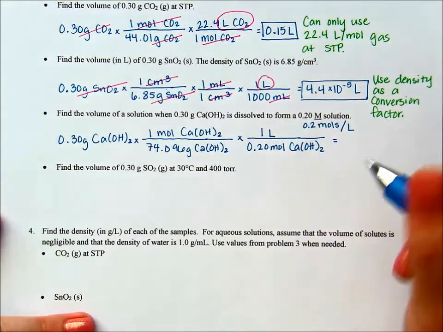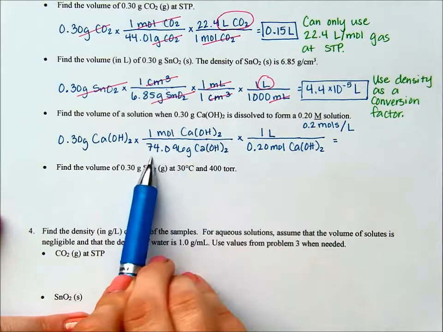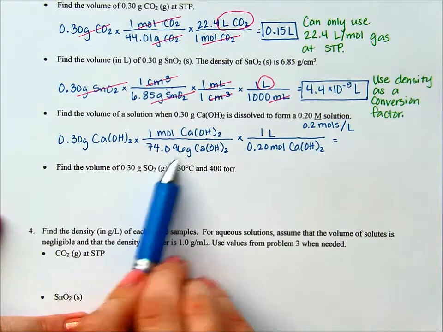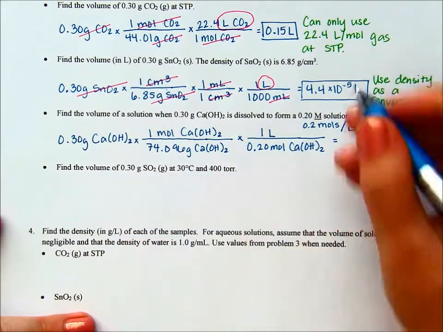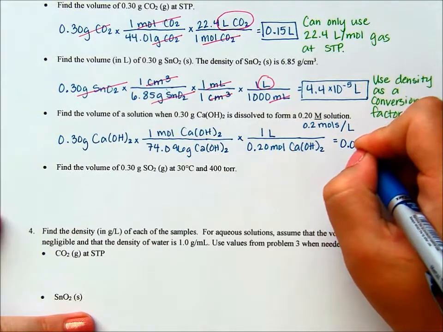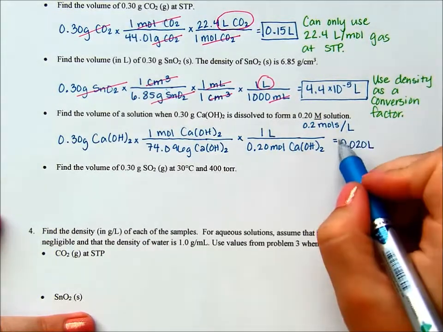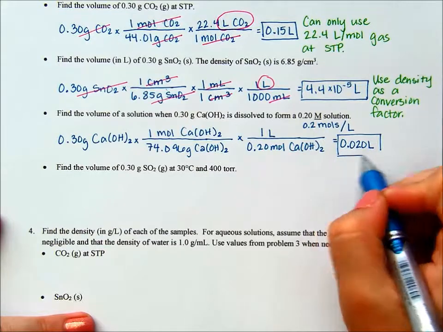All right, plugging that into my calculator again, 0.3 times 1 times 1 divided by 74.096 divided by 0.2, you should get 0.020 liters with the correct number of sig figs.